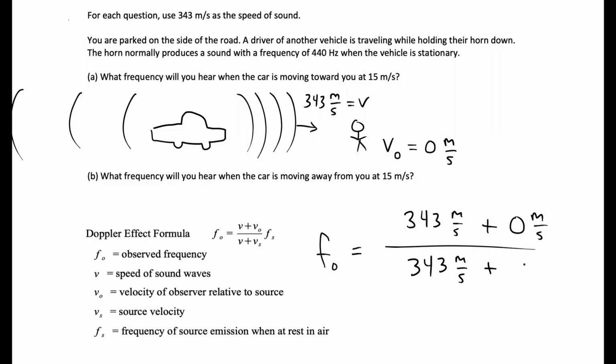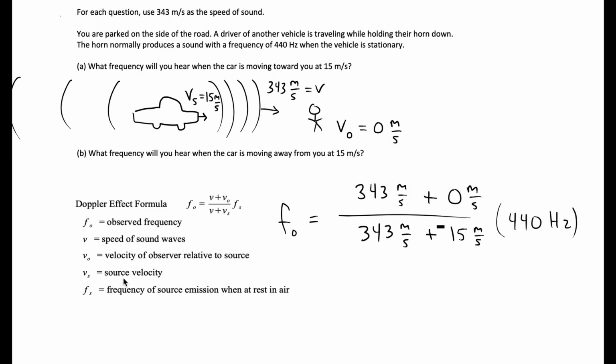When it comes to the velocity of the source, that's actually going to be the velocity of the moving horn. So it says here that the horn's moving toward you at 15 meters per second. We'll call that VS. So put that down here. When the source is moving away from you, that would be an addition.